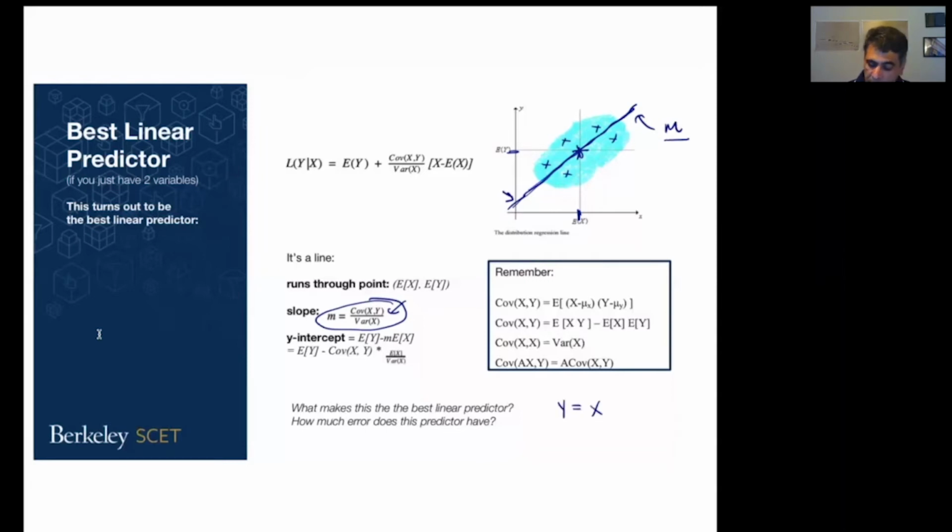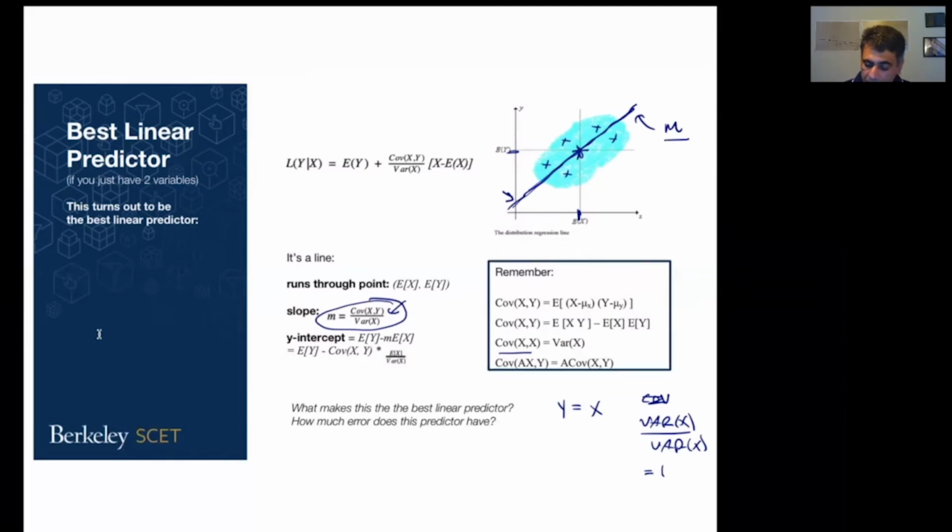In this case, what you'll see is that the covariance of xy becomes the same thing as the covariance of x comma x, and therefore your slope is going to be equal to the variance of x over the variance of x. In other words, it's going to equal 1. So your slope is going to be 1, and that makes perfect sense. If y is equal to x, then the slope has a value of 1.